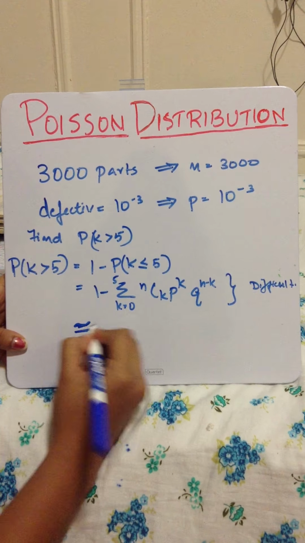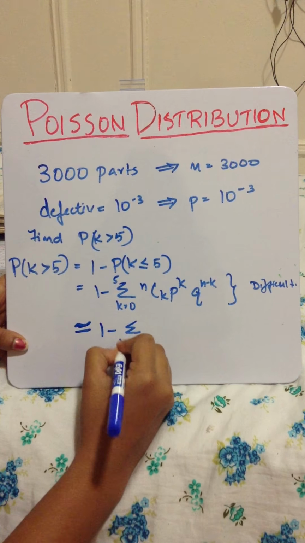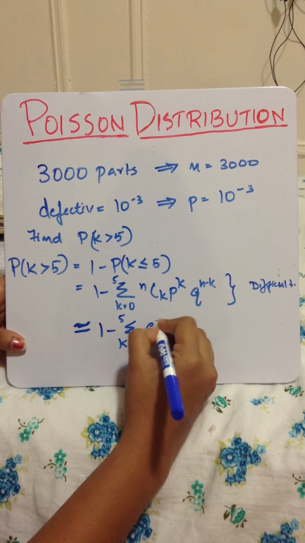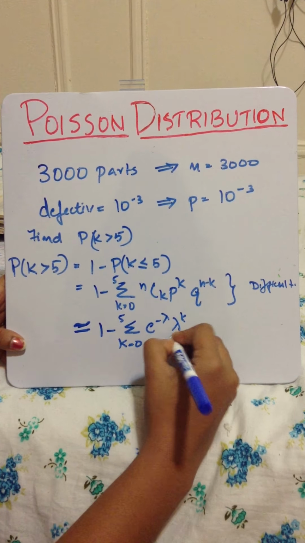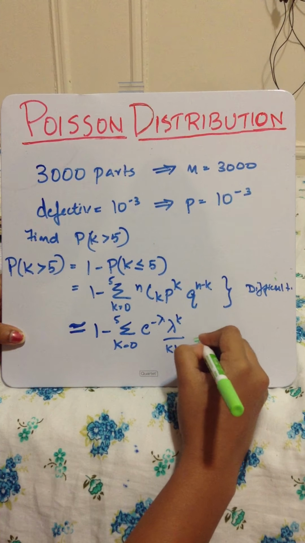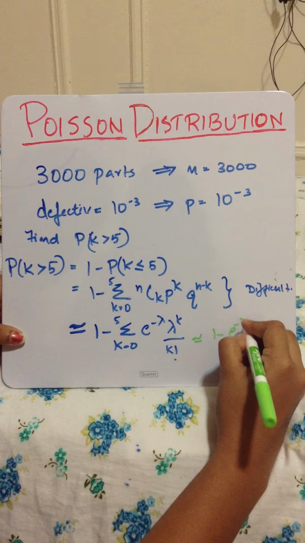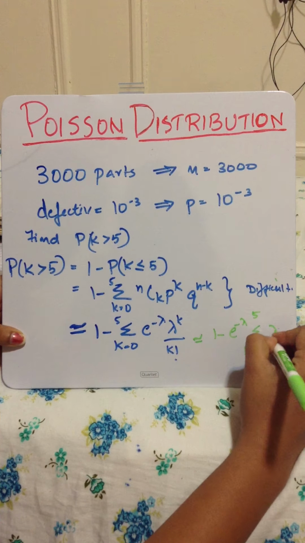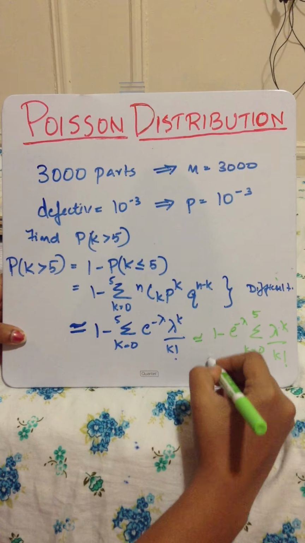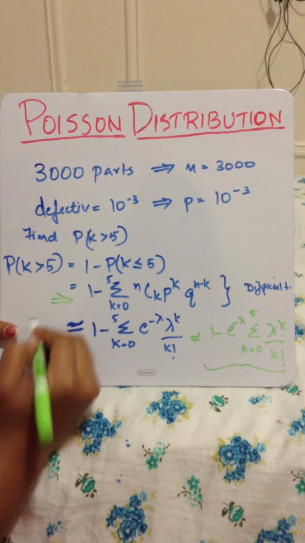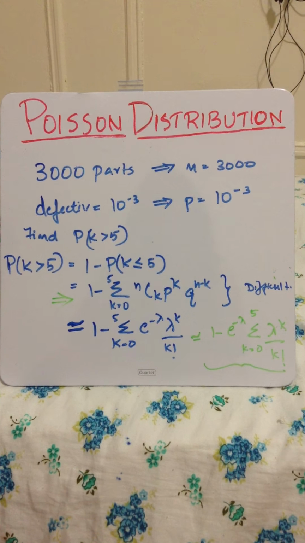We can actually approximate to a Poisson distribution like this: e raised to minus lambda, lambda raised to k by k factorial, which will become 1 minus e raised to minus lambda, I can just take out sigma k is equal to 0 to 5 lambda raised to k by k factorial. What we see is this is way simpler than solving this. So that is where we use the Poisson approximation.